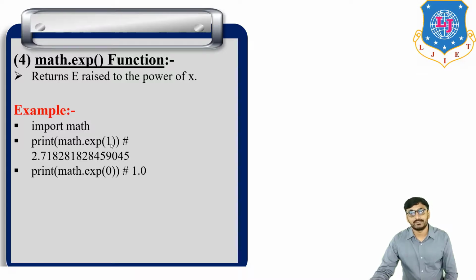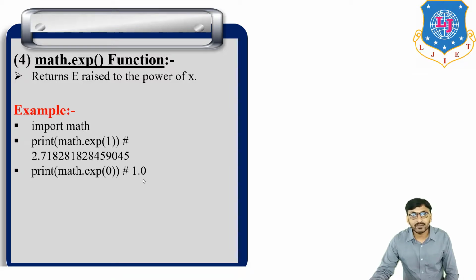Exponential of 1 is 2.71828182, that is the answer. And if we print math.exp(0), what is the exponential of 0? 1. But this function also returns the output as a float value, 1.0. So this is about the exponential function.